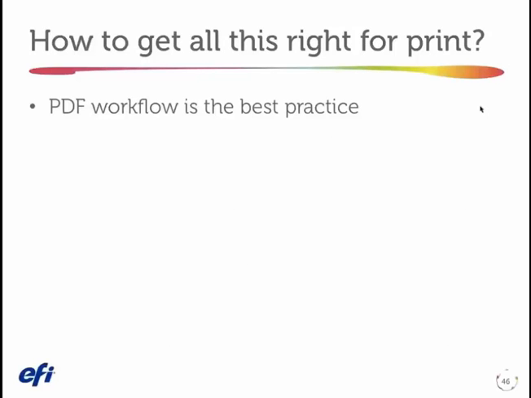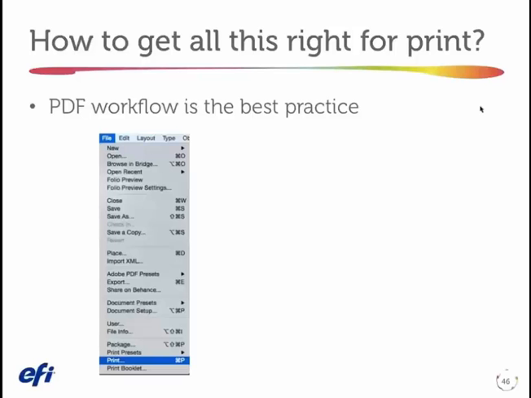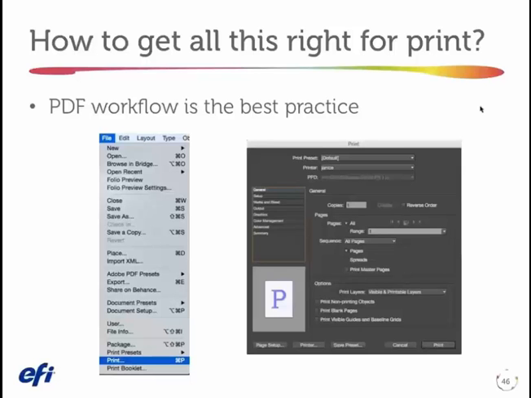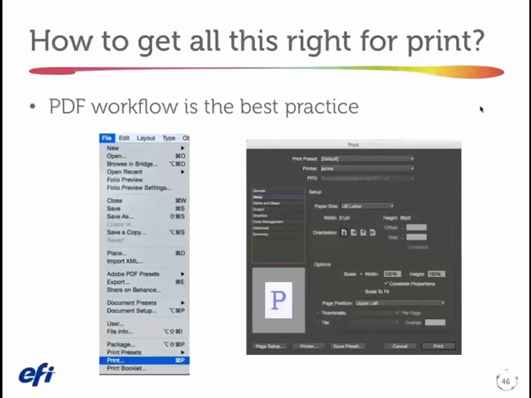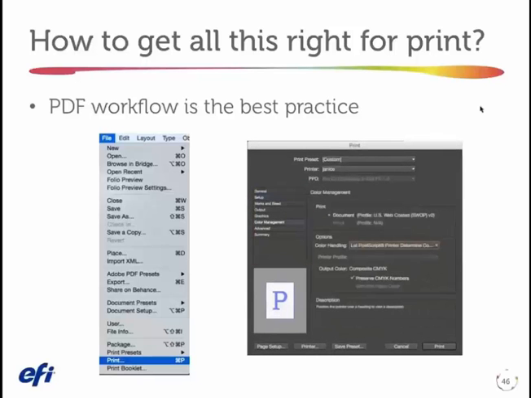PDF workflow. So let's compare just for a second the difference between the Command P workflow, or Control P, or what we call the print workflow, which you may be doing now. When I say print from any of these applications that I create layouts in, or designs in, I have a whole range of settings. Guess what? All of these settings, and I'm just showing you a subset here, can spoil your print.